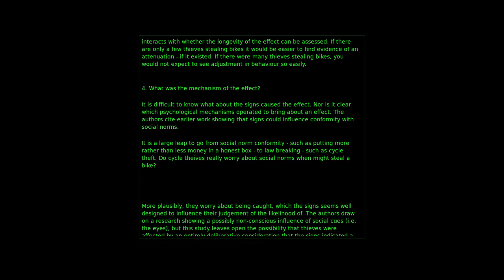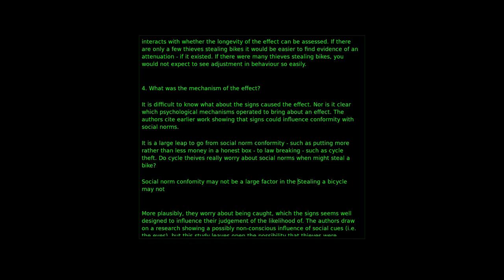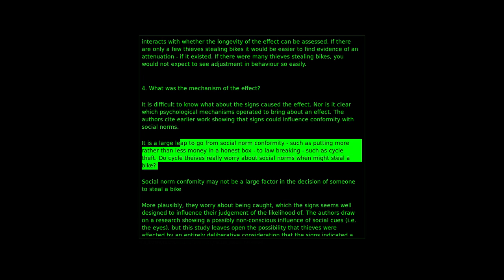Why don't we say bicycle thieves, or social norm conformity may not be a large factor in the decision of someone to steal a bike. That's all I'm saying, really. It may not be about social norms.